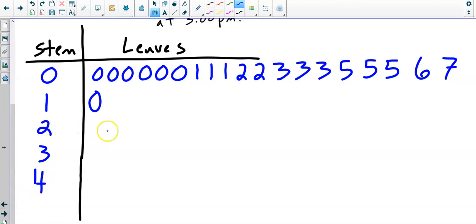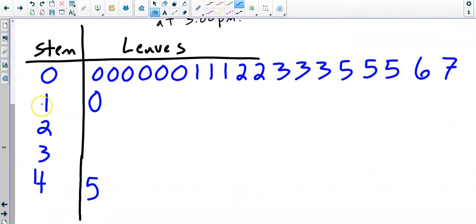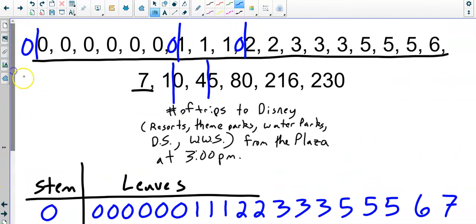Because there are no data entries for 2, that means we didn't have any 20s. We didn't have any 30s. You leave those blank. But we did have a 45. So we write our leaf. Notice it's lining up in the 45 spot. Okay? Notice I didn't skip any stems. We went from 0 to 1, 2, 3, 4.